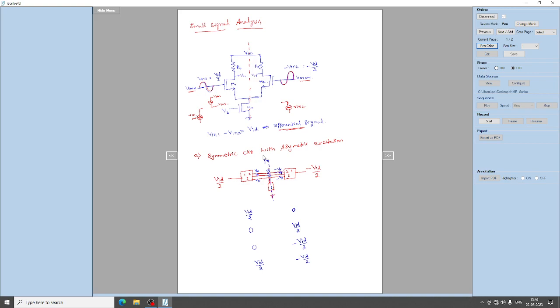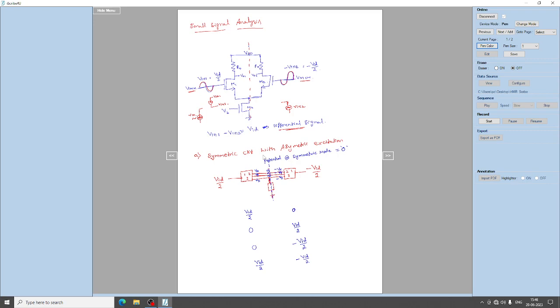So that means the potential at symmetric node is 0, right? So in the same way, if I consider this as my symmetric circuit, the potential at the symmetric node can be considered as 0, right?